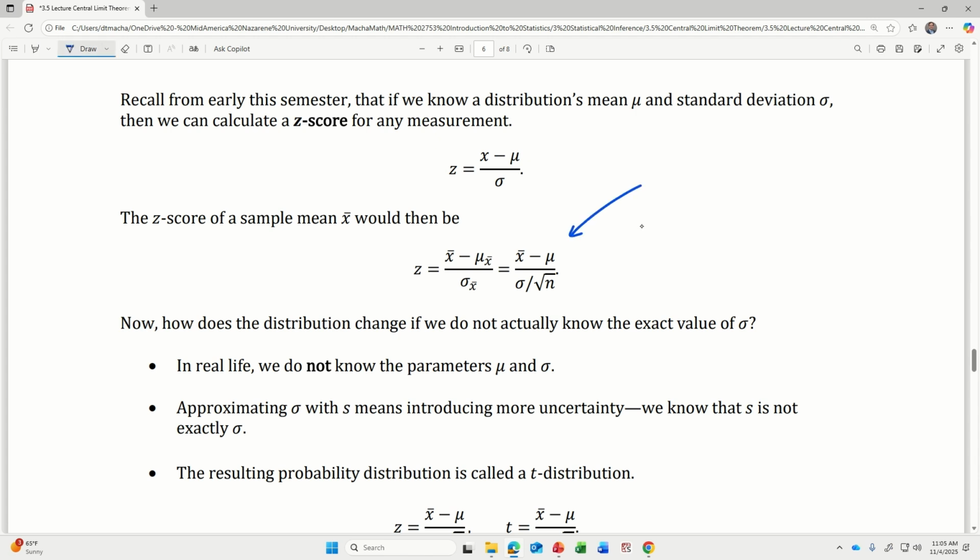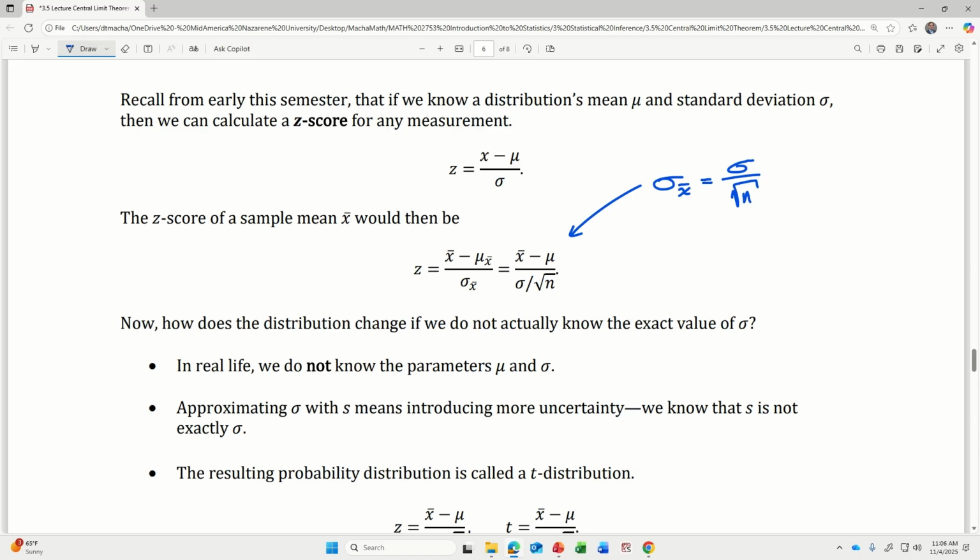Because the larger the sample size, the smaller the dispersion on the distribution of your sample mean.